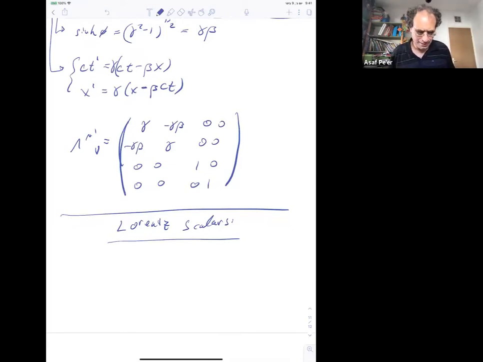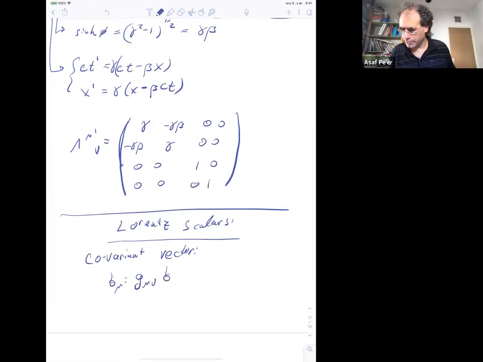So I can define a covariant vector B_mu as G_mu_nu B^nu. This is really the definition. Here I have what is called a covariant vector. If you look very closely at this vector, it's also a four-vector. However, you see that the spatial components of this covariant vector differ from a regular vector.